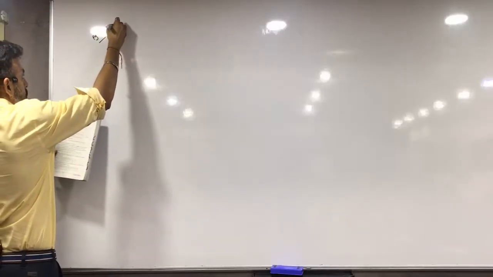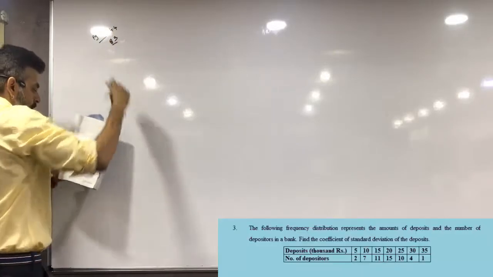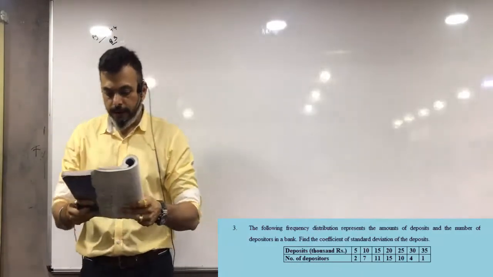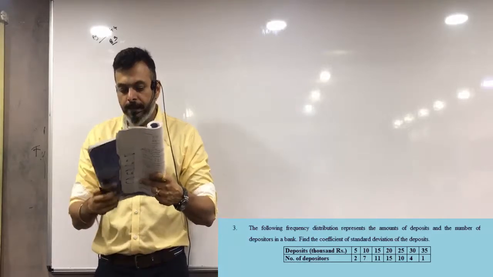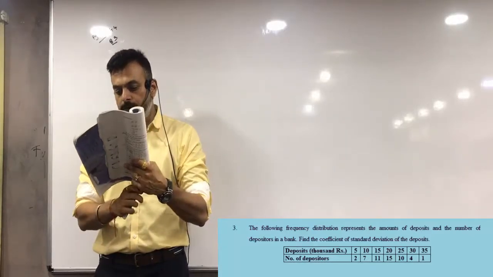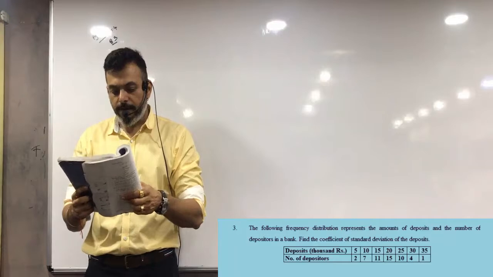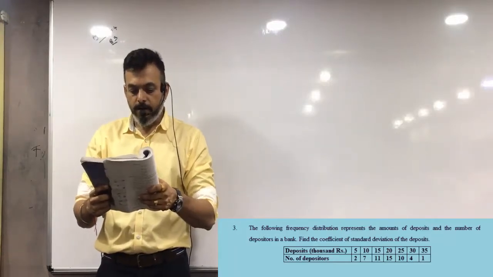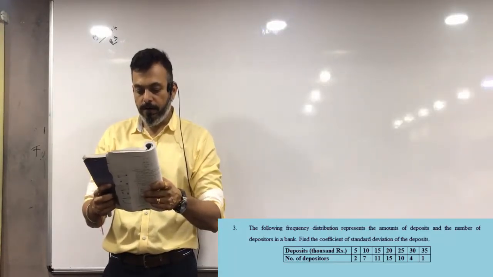Exercise 4.4, question number 3. The following frequency distribution represents the amount of deposit and number of depositors in a bank. Find the coefficient of standard deviation of deposits.